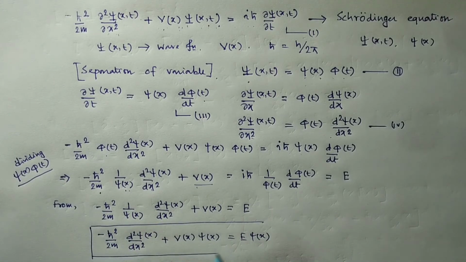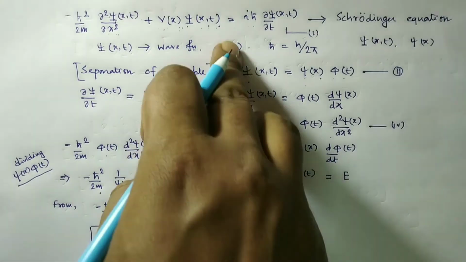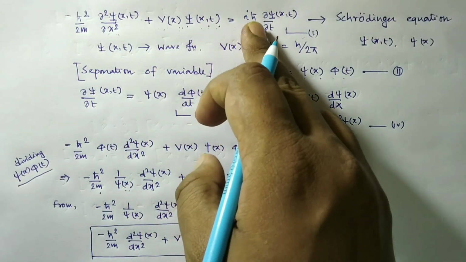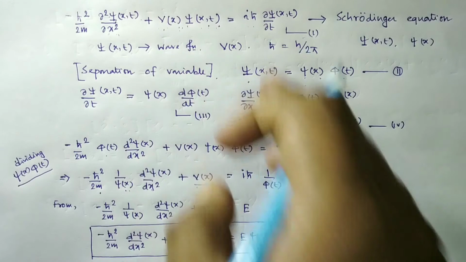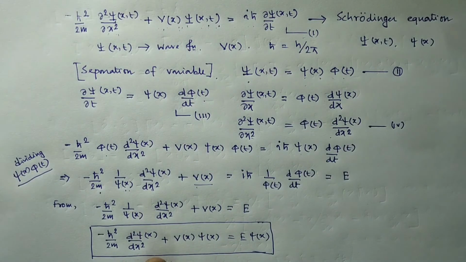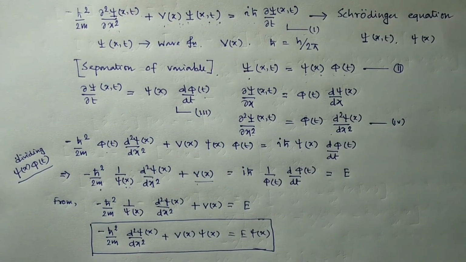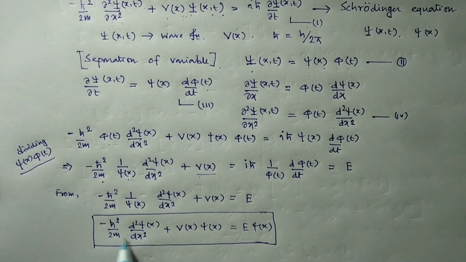So look here, our partial differential equation, the Schrodinger equation, which was a function of ψ(x,t), is now only a function of x. This equation turns into an ordinary differential equation.